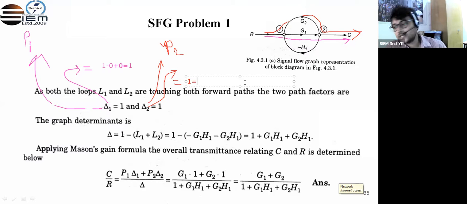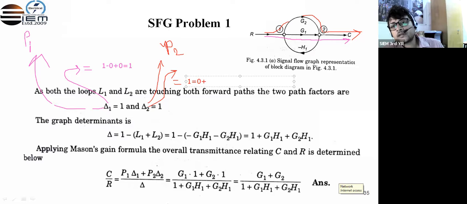But now you see here, y2 and y3 are the common terminals with the loop as well as the forward path. Again, this particular loop also touches, so this part will be 0, plus the sum of all products of two non-touching loops that do not touch the forward path P2.